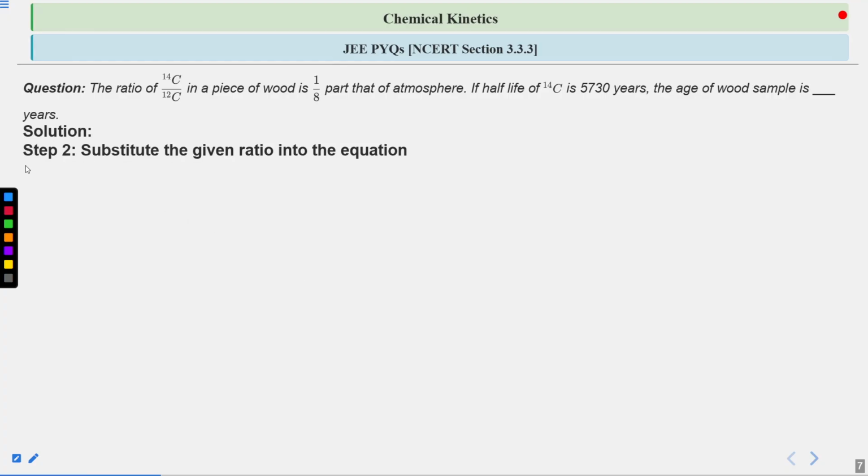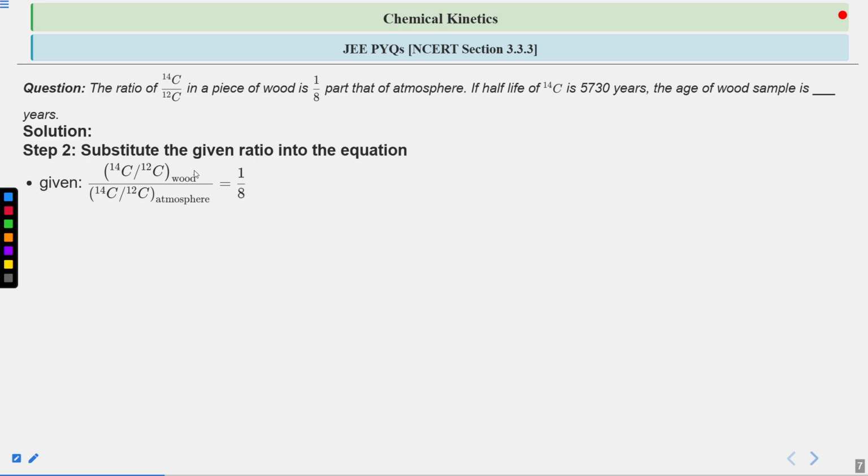Now we do step 2, which is to substitute the given ratio into the equation. The ratio of 14C by 12C in the wood divided by 14C by 12C in the atmosphere was given as 1 by 8 in our question.